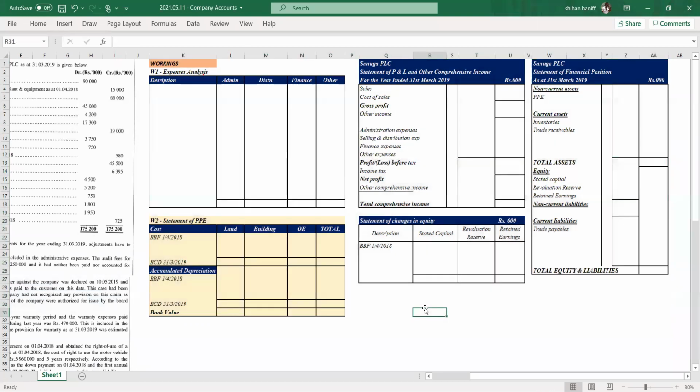Draw the format. I'll give 2 more minutes.